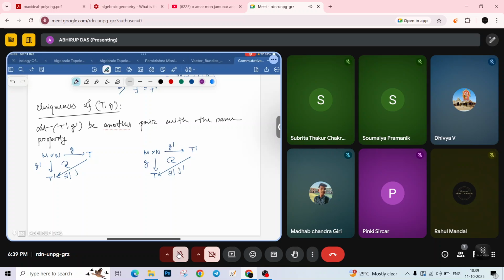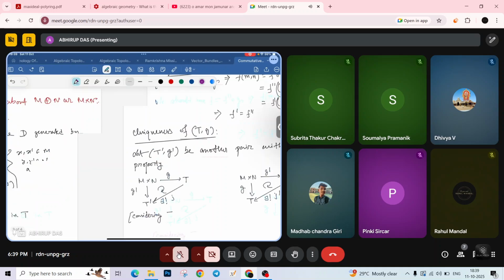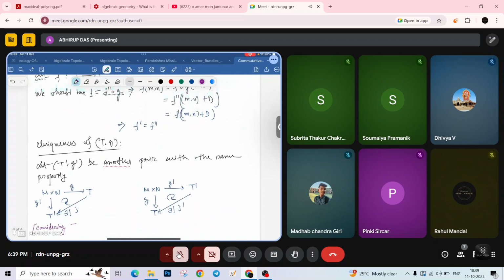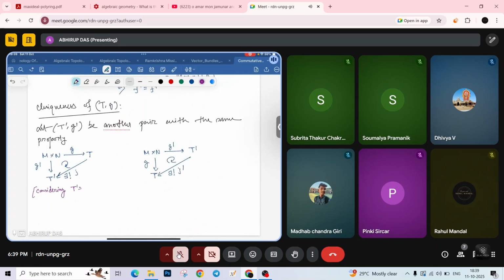So in this diagram, you see here, considering T prime equals P and T to be the tensor, and in this diagram we consider T equals P, P equals P.